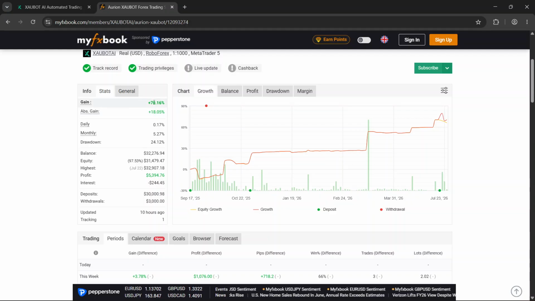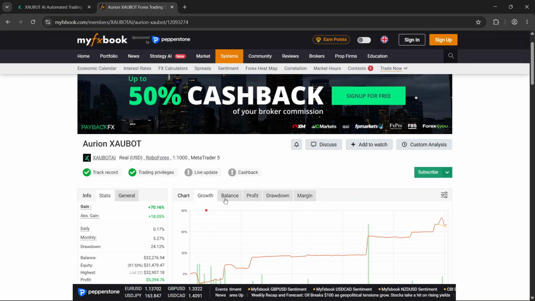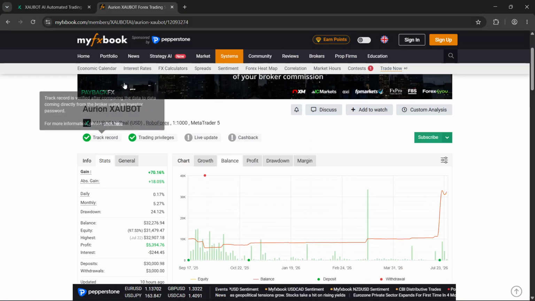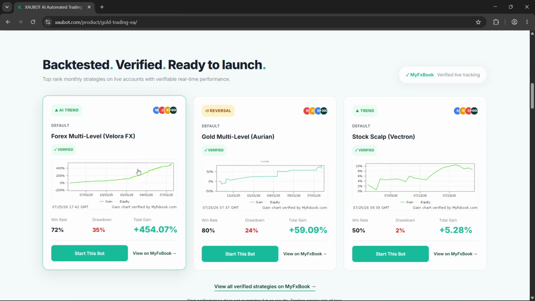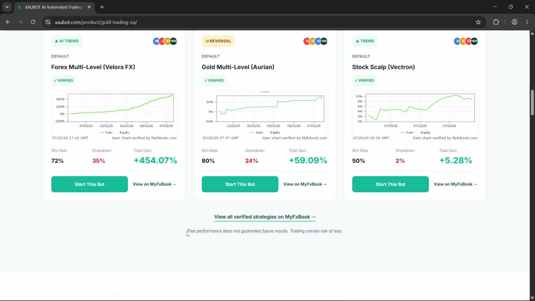Say it has a 70% gain, balance of 32,000, profit of 5,000. Not bad. They keep saying past performance doesn't guarantee future results as trading carries risk of loss, which is the standard line.